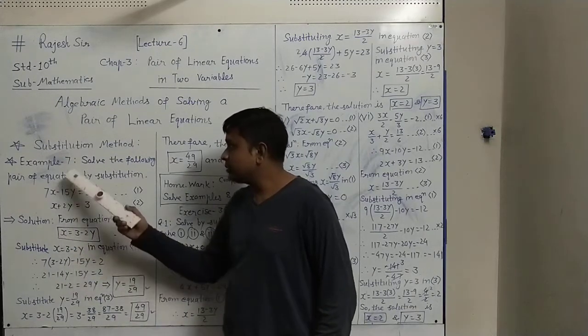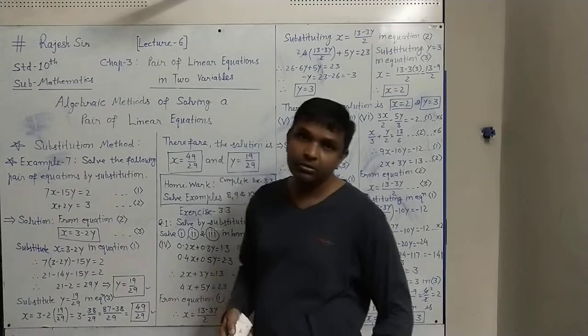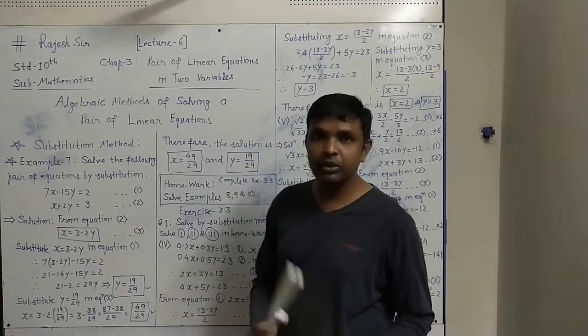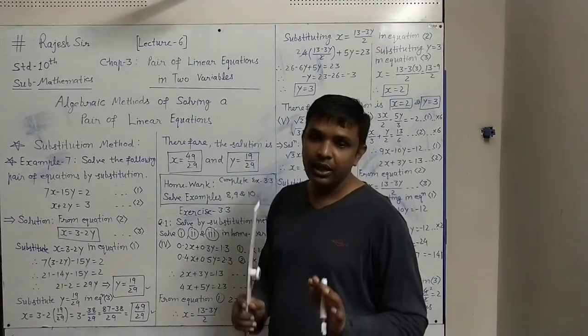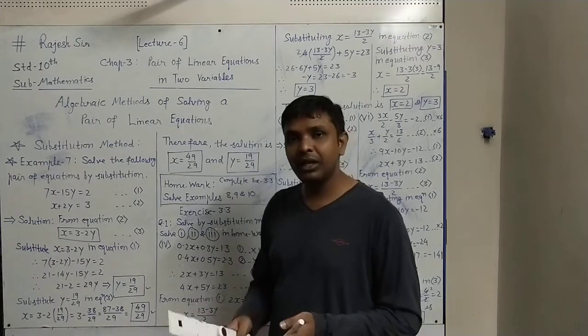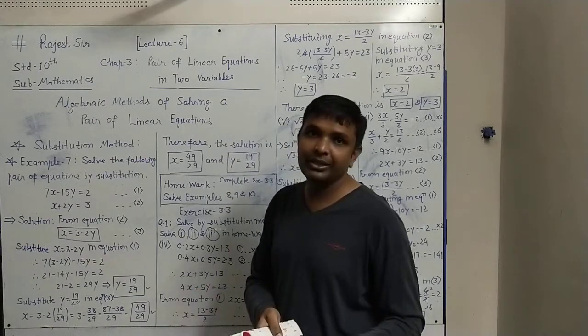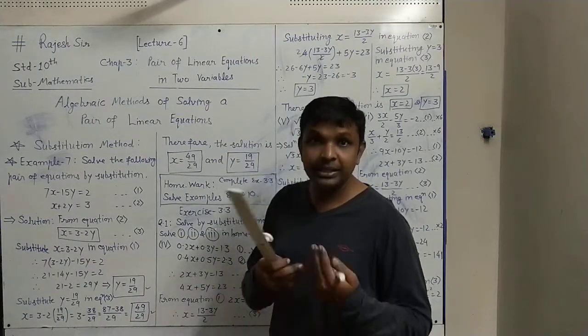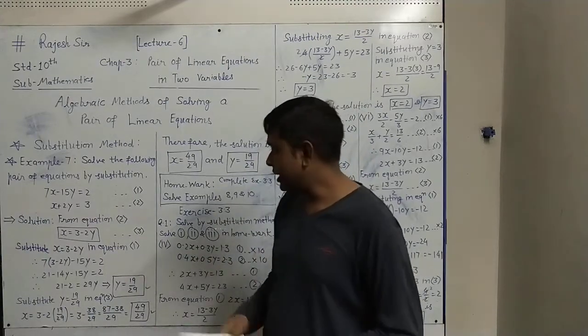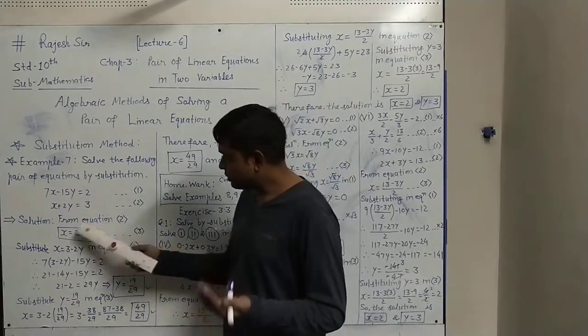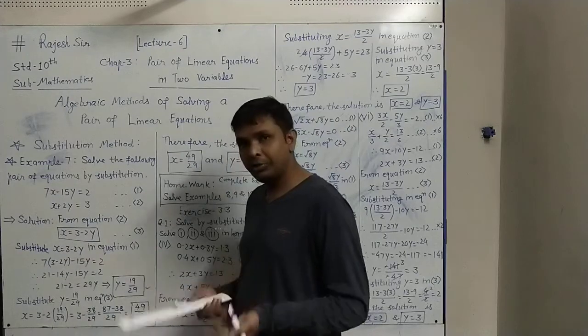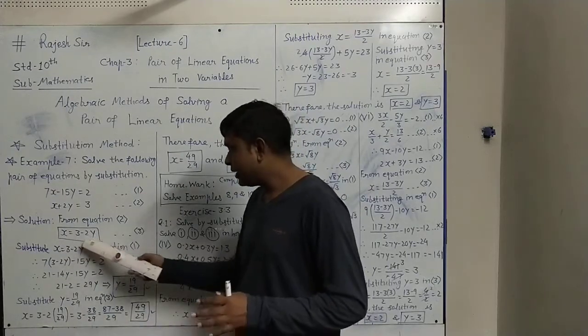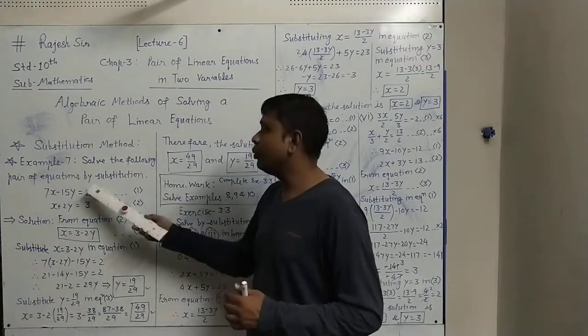That is why this method is called the substitution method: we select x or y from any one equation, and then the value of x or y from whichever equation is selected, we put in the other equation. Like from equation number 2 we obtained the substitution of x, and we put it in equation number 1.